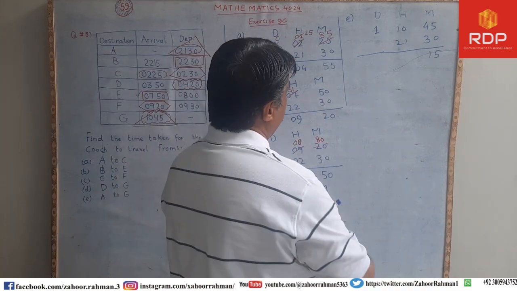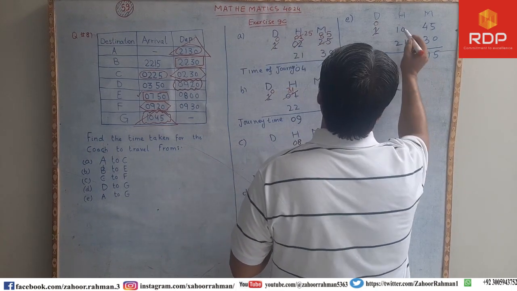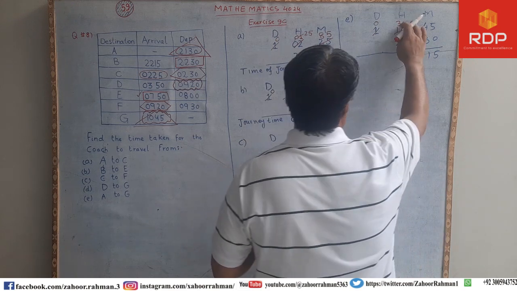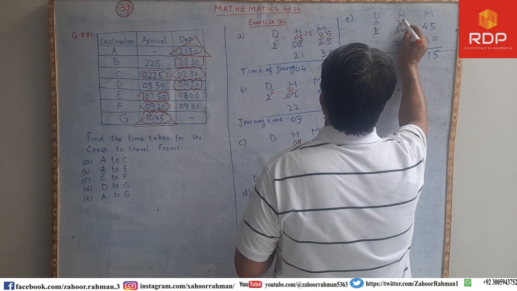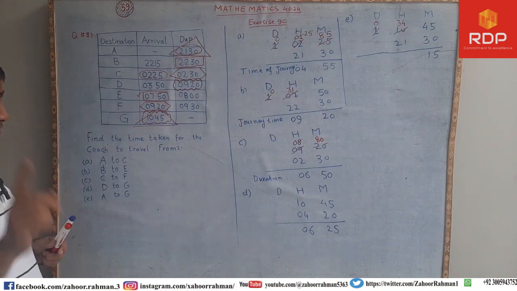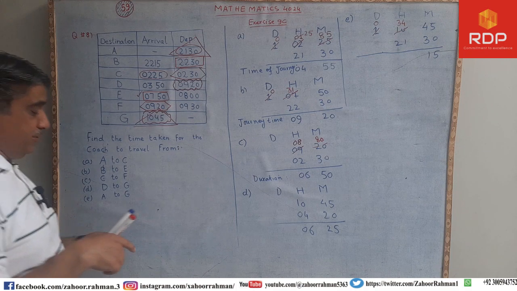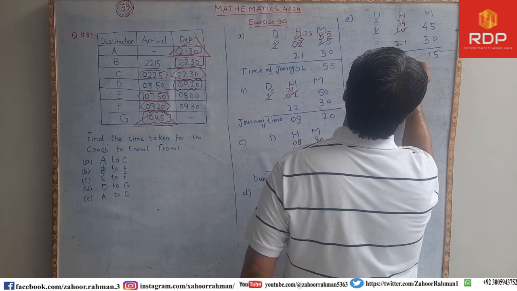Now I have to erase this one. It will become 0 and it will become 30. Sorry, 34. When 24 is added to 10, it will be 34. And from 34, we are subtracting.